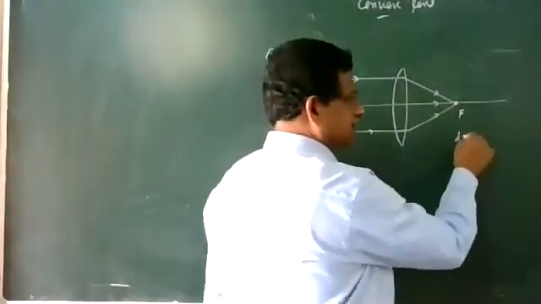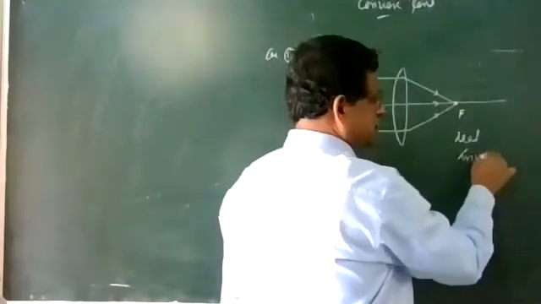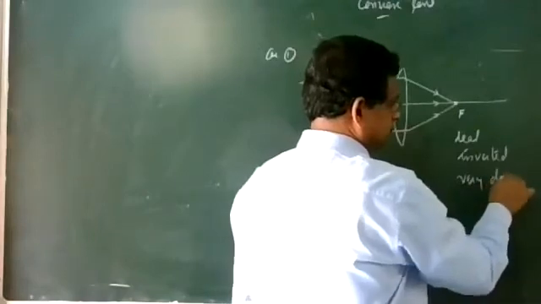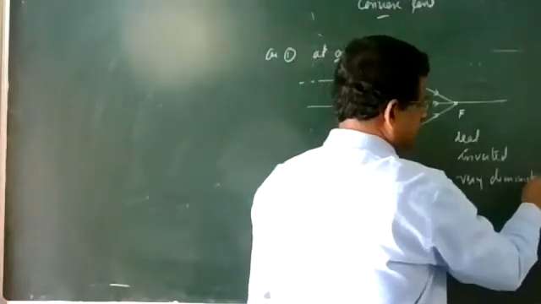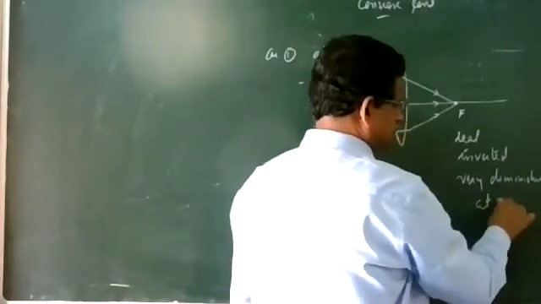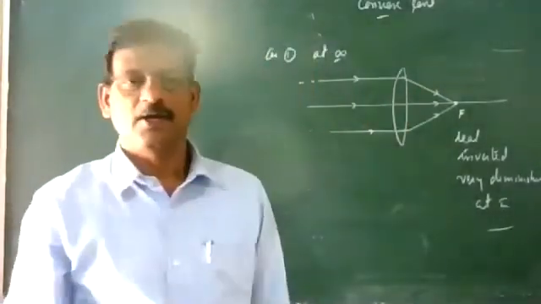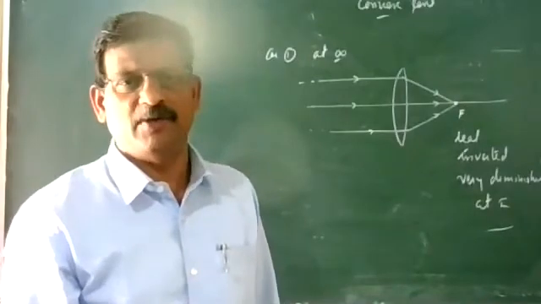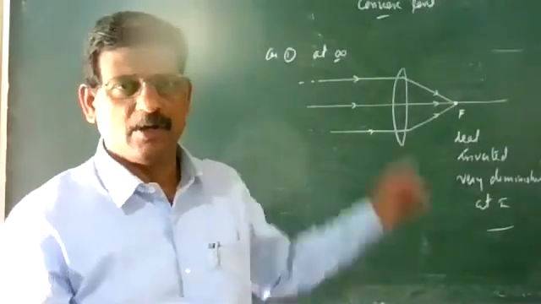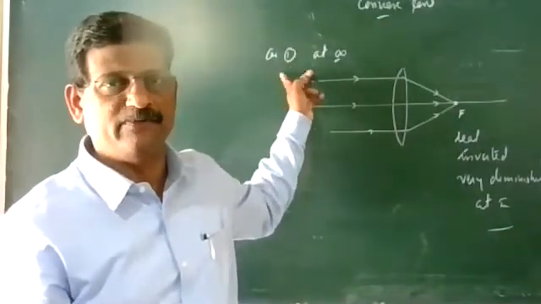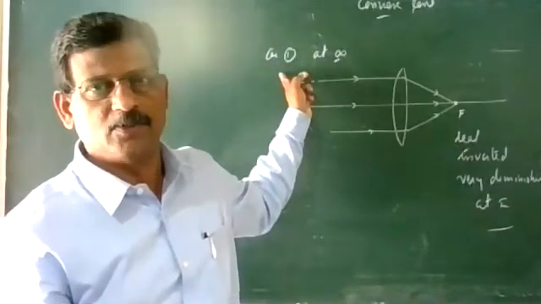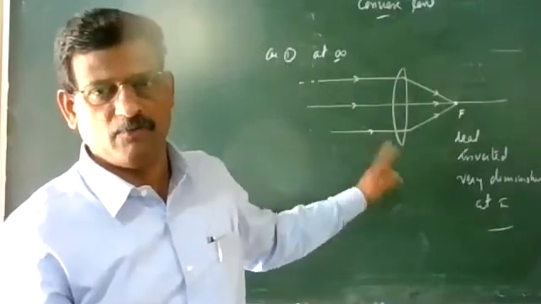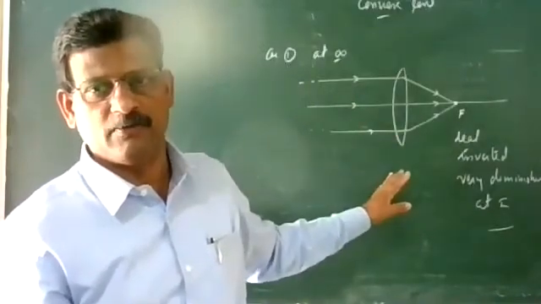So this is a real, inverted, very diminished image formed at focus, very small in size. Condition: object is at infinity. Real, inverted, very diminished, formed at focus.